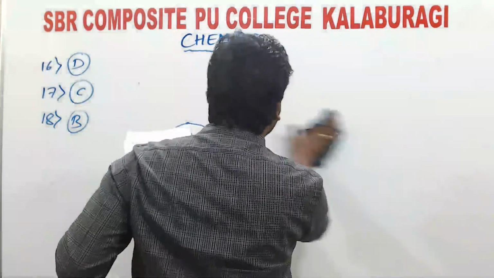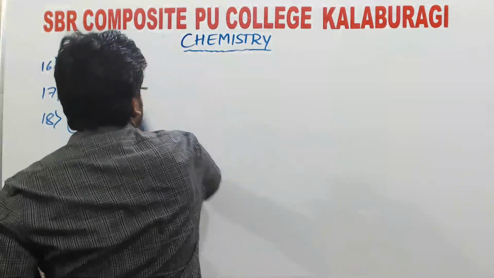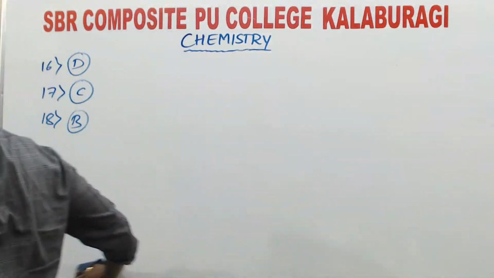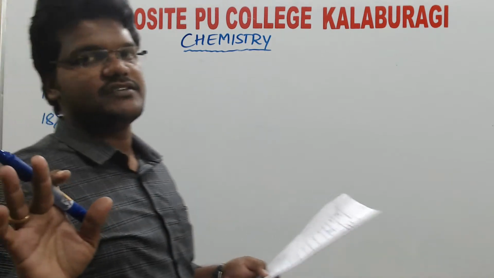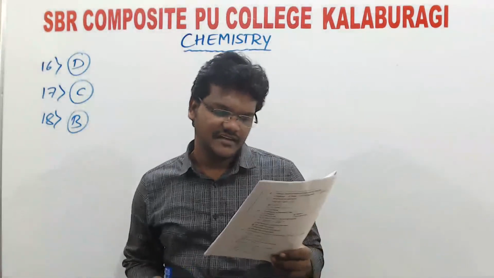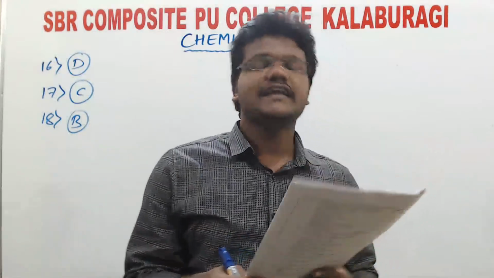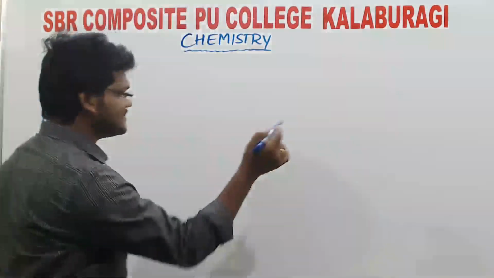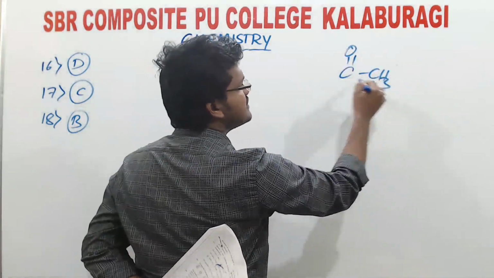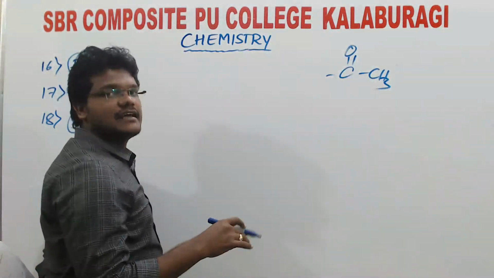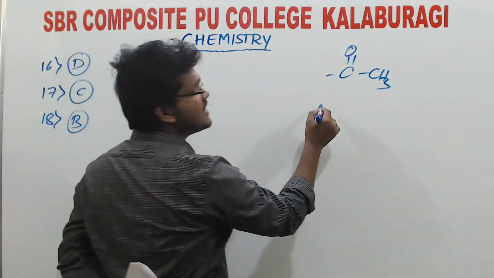That is nothing but my 19th one. Let's go for the 19th question. In Friedel-Crafts acylation, please remember, in the Friedel-Crafts acylation reaction, the electrophile is the acylium ion. Earlier we were talking about alkylation, I mean acylation. Acetylation means this one.